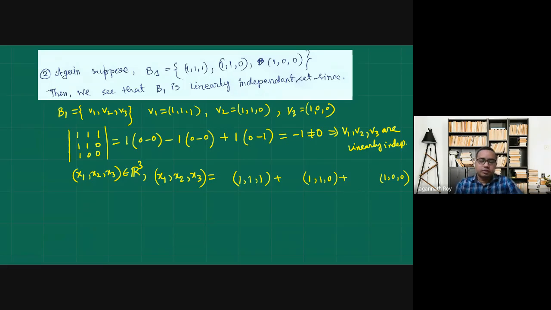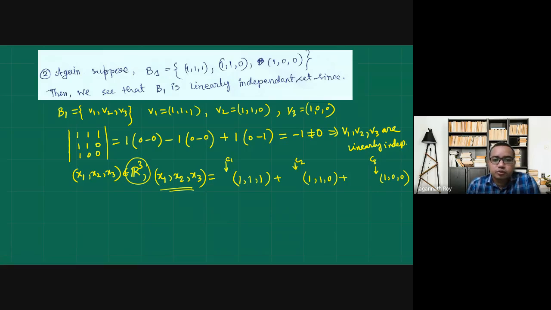Okay, then if we can find some suitable constants C1, C2 and C3, then we can say that this can be represented as the linear combination of these three vectors. Then it will show that the span of these three vectors is actually the whole space.